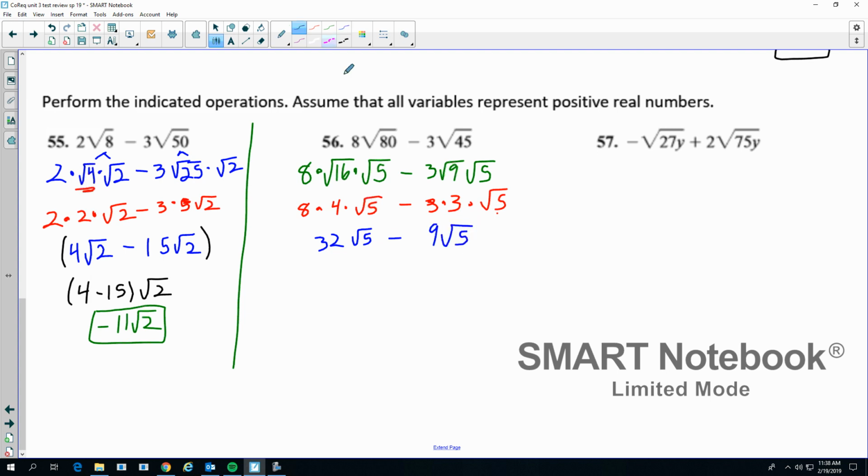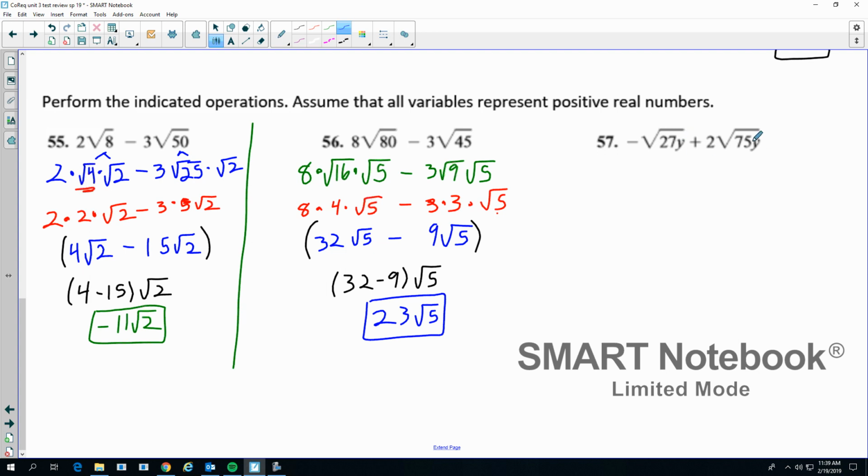And then once again, like I did on the previous one, I'll factor out that common radical. So we end up with 32 minus 9, and then square root of 5. 32 take away 9 is going to be 23, and then square root of 5. Okay. Last one, pretty similar.